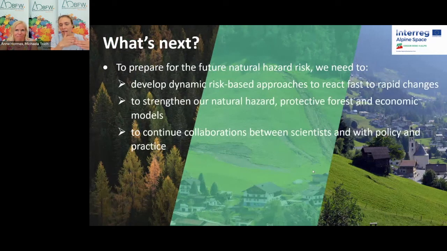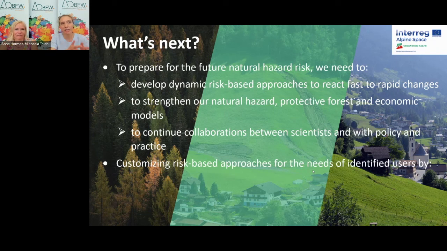What's next to prepare for future natural hazard risk? I think this also came out of this session. We need to develop dynamic risk-based approaches to react to rapid changes caused, for example, by natural disturbances, but also by building new infrastructure. And to strengthen our natural hazard protective forest and economic models, we need to continue collaborations between scientists and with policy and practice, in an iterative way.